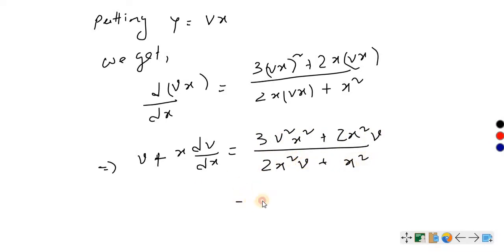So if you take common x square, we will be getting what? 3v square plus 2v divided by 2v plus 1. Okay, so this is what we have got.